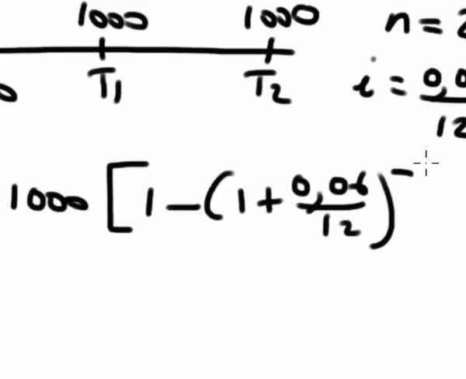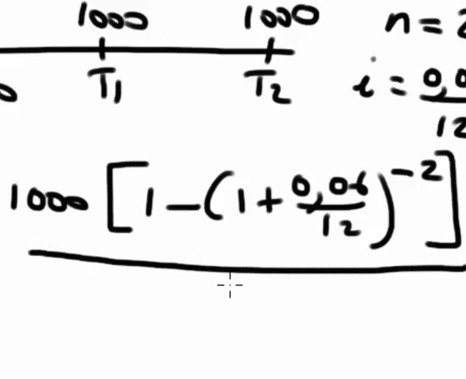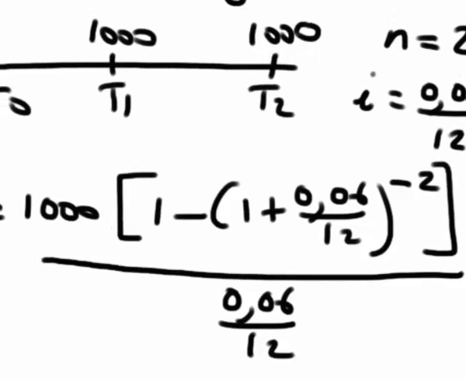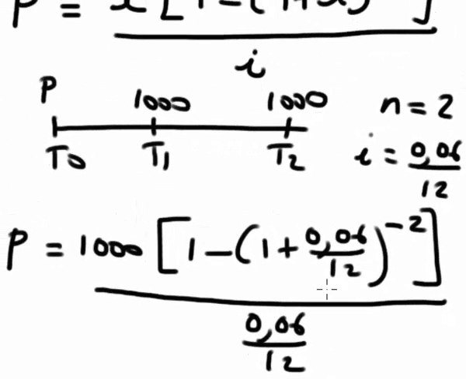How many payments are there? 2, but we've got negative. It ties up with what we did with the negative exponent previously, over 0,06 over 12. So we sub into this formula 1,000, the interest I, 1 plus it to the negative number of payments.